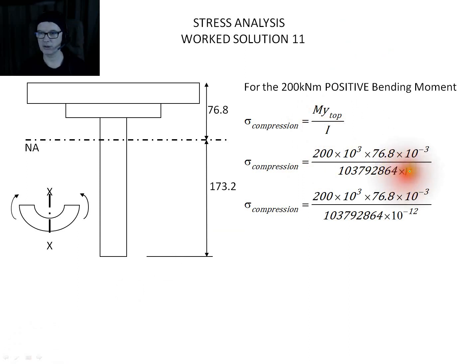Okay, there's a typo there. We're working here in meters, because we've got 10 to the minus 12 there, and we've converted the millimeters into meters. So make sure that if you've got a result in terms of meters to the power 4, you're going to be using your y values in meters as well.